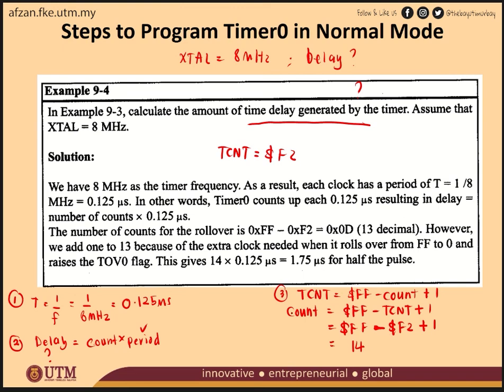So this is the number of counts that you are going to count. You put this value into the formula to get your delay. Delay equal to count, 14, multiplied by 0.125 microseconds. Then you get 1.75 microseconds.